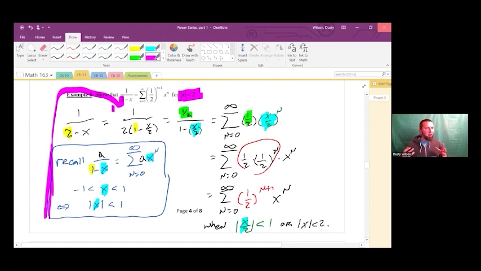With just a little bit of modification, that geometric series formula could handle things that didn't look exactly like the geometric series formula that we started with. And we're going to do quite a few more examples that will show you time and time again how powerful this simple geometric series formula is, as long as you're clever with your algebra and clever with your calculus.